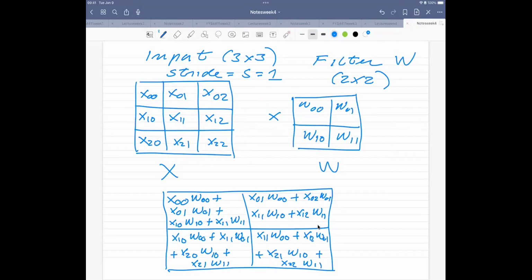Now, there's one thing I want you to notice here. If you look at the information which we have now included, you see that the corners, like this X00, appear only in one of these slots. X11, on the other hand, is here. That information is here, it's also here, and it's also here.